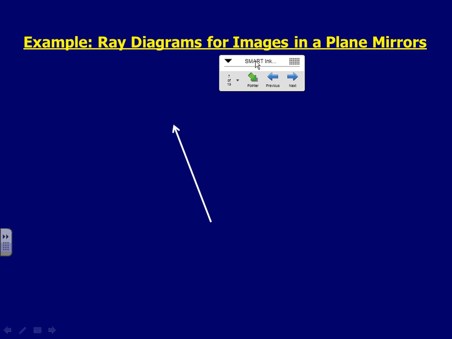So if I put that right on 90, and now notice I'm using the protractor as a flat edge, and the protractors are built that way. If I put it right on 90 and right on the arrowhead, I've got to move it up a little bit. This ray is going to come in, hit the mirror, and then what's it going to do? Come right back.